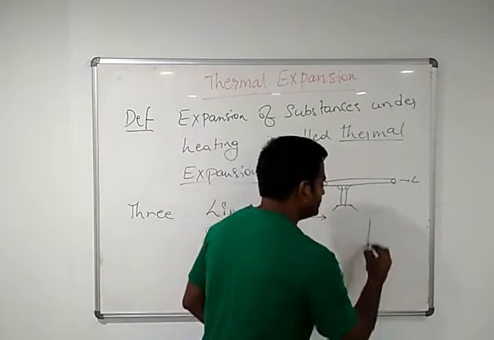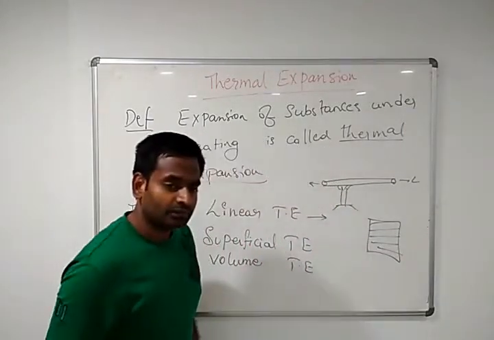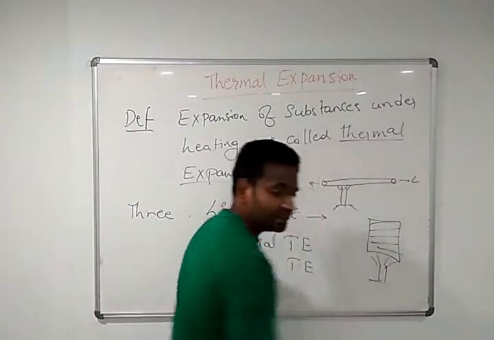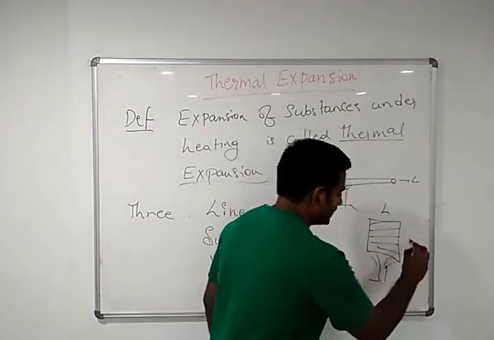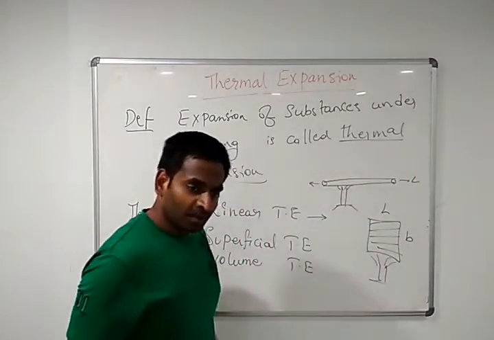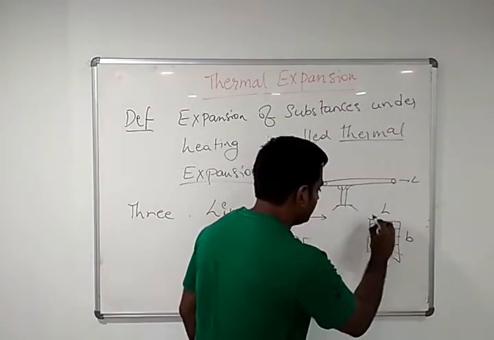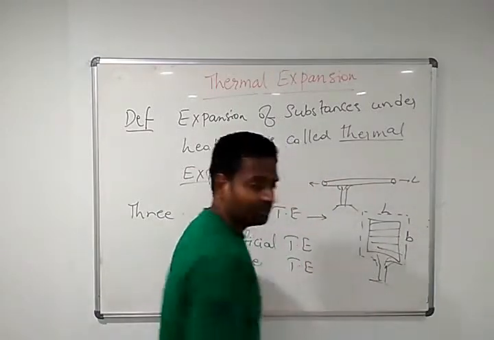For example, if the object is in the shape of a plate, when I supply the heat, which dimensions will change? This has length, this also has breadth, correct? Both length and breadth will change. That means initially this is the rectangle. After heating, let's say it increased by that much.